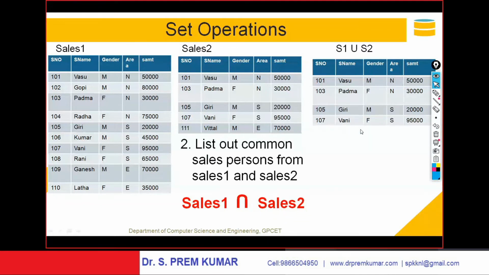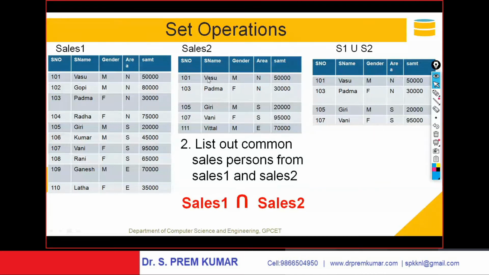Your next query: list out common salespersons from sales 1 and sales 2. I want the common salespersons who are available in sales 1 as well as in sales 2. I am using intersection: sales 1 intersection sales 2.